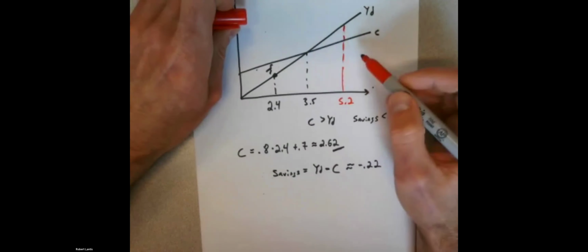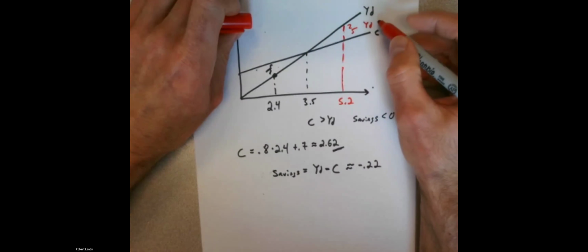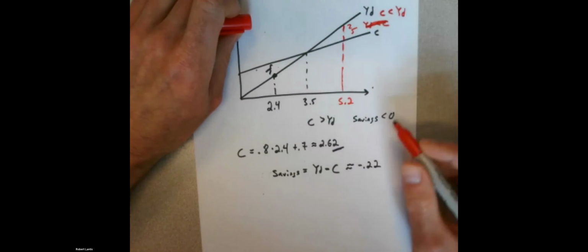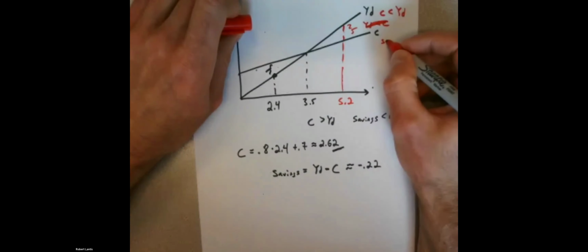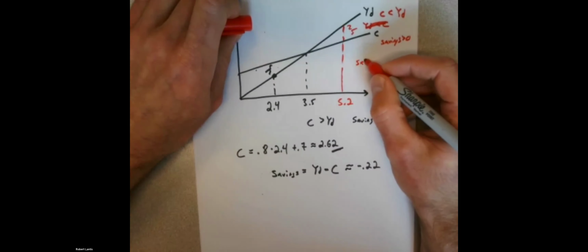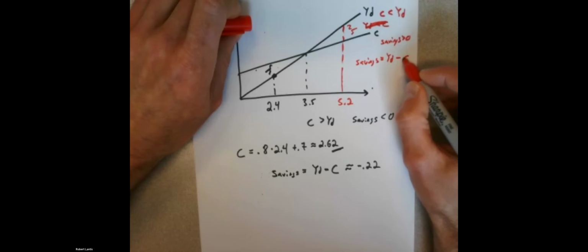Well, there I'm above the break-even point, so the amount that I'm consuming is actually less than my disposable income, in which case my savings must be positive, right? Savings is equal to whatever my income is minus the amount of consumption that I have. Right? Any questions on that before we keep moving?